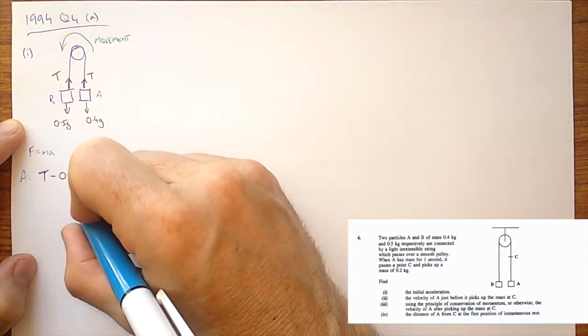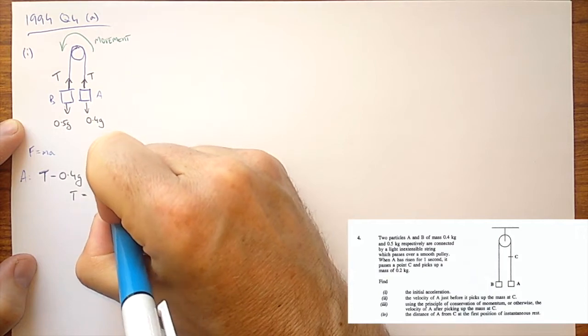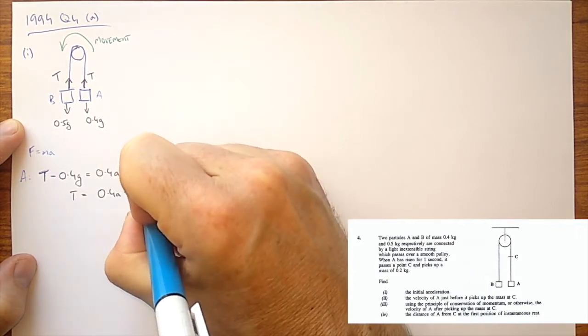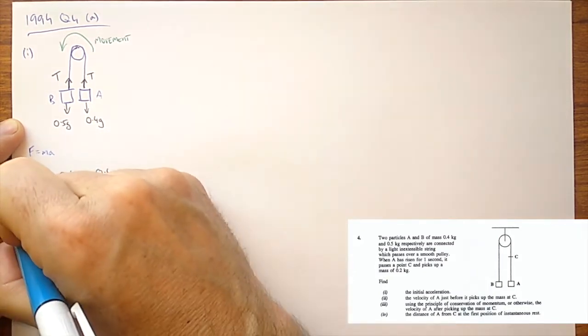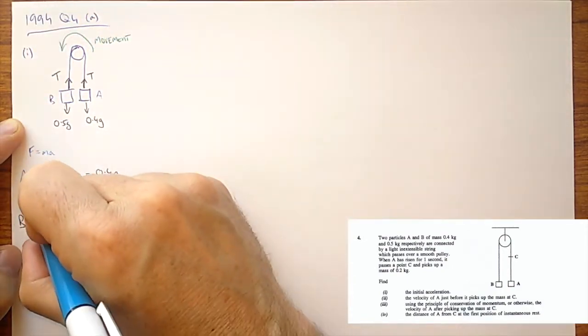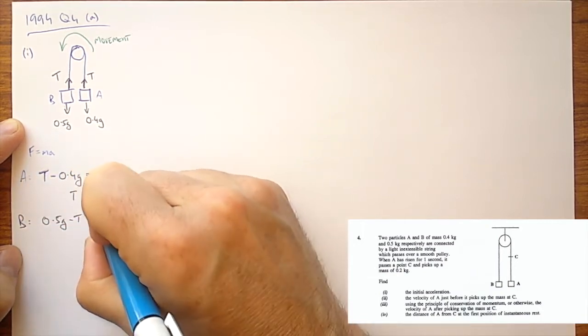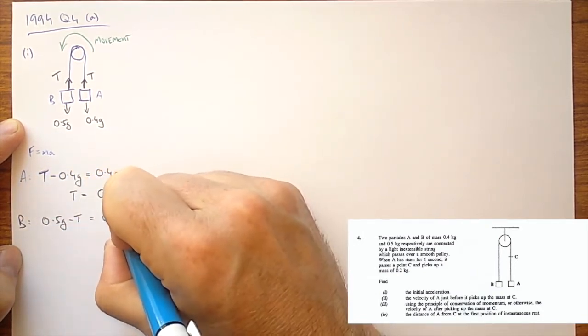All right, and we'll do a small rearrangement there: T equals 0.4 A plus 0.4 G.